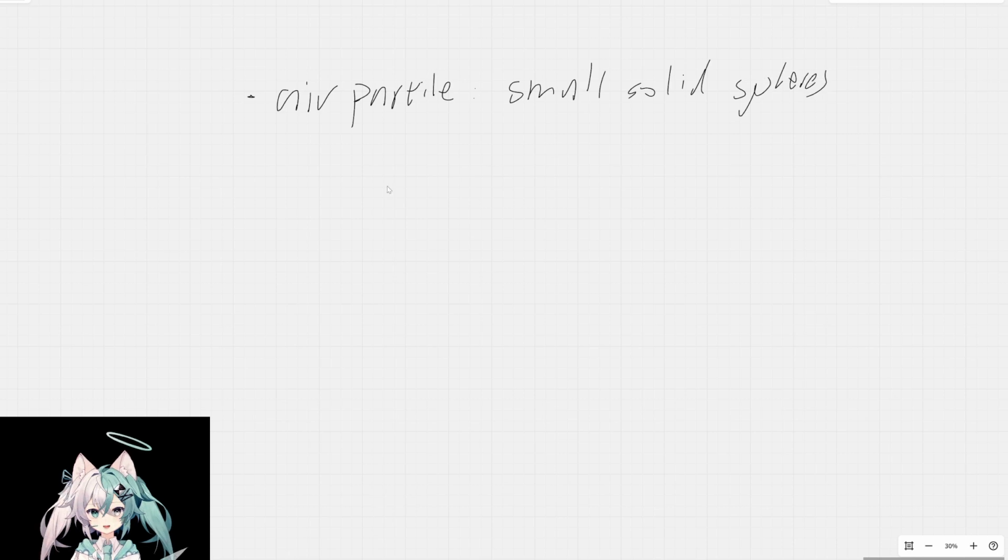We also have some assumptions for the kinetic theory as well. As I said, this is a theory. Firstly, we are going to assume that air particles are small solid spheres. To save time, I may not write the whole version of it afterwards.